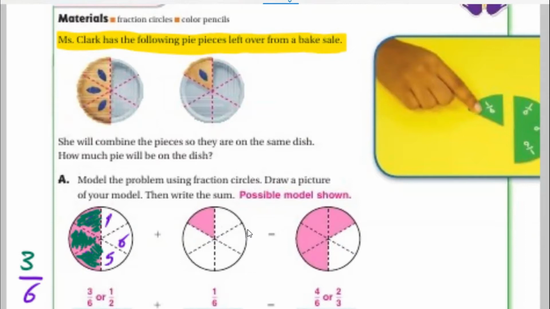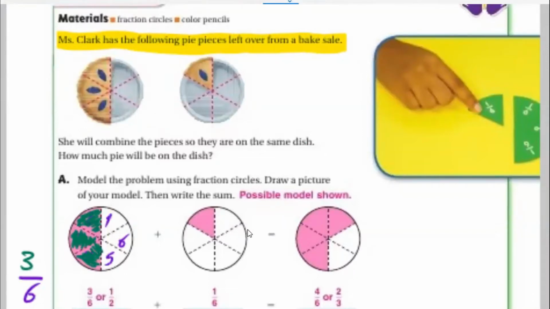As we learned before in the first semester, let me remind you how we can simplify. Simplify means divide, as we learned before. So let's ask about the big number here. Where is the big number? 6, right? Is 6 in the multiplication table of 3? Yes, of course. 6 is in the multiplication table of 3.